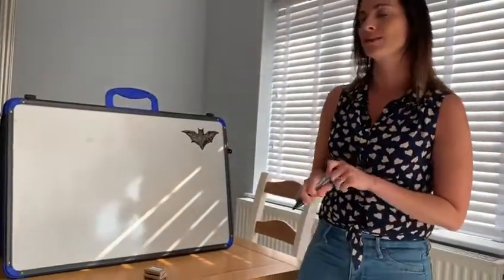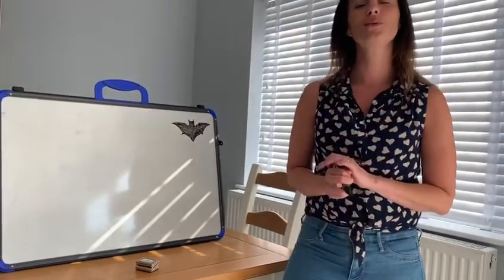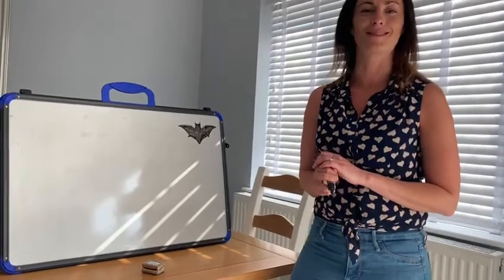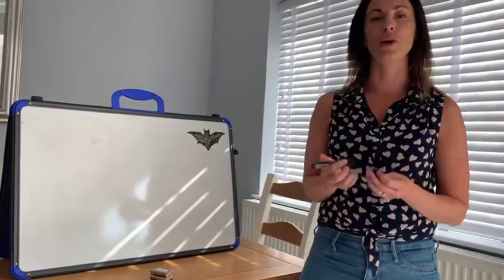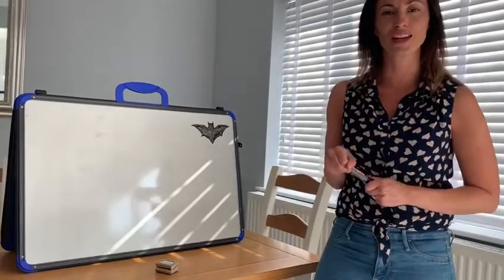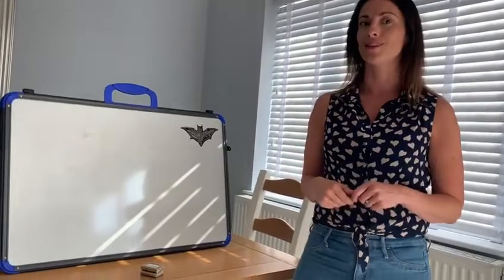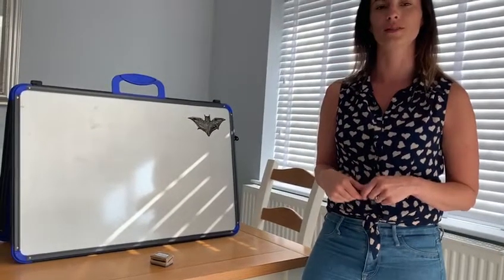Okay, the next word, some of you have a bit of an advantage here, I would like you to spell is the word rhombus. Okay, so the shape, rhombus. There is a silent H in the word rhombus. I can't hear the H, but there is a H in there.